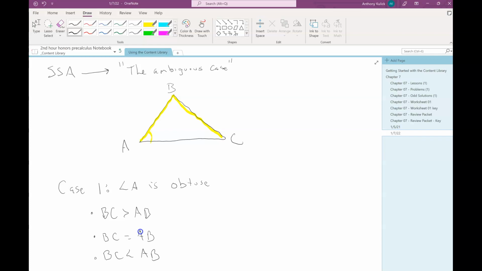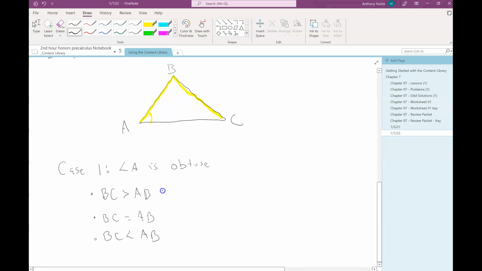It has to be the hypotenuse, right? Everybody agree with that? Because you can't have another angle in the triangle that's bigger than A. You can't have two obtuse angles in the same triangle because you only get 180 degrees to work with. Everybody agree with that? So if BC is the biggest side, then one triangle is possible. There's nothing else to worry about.